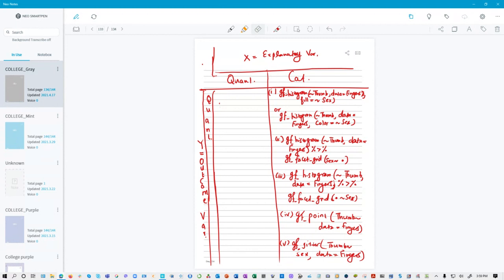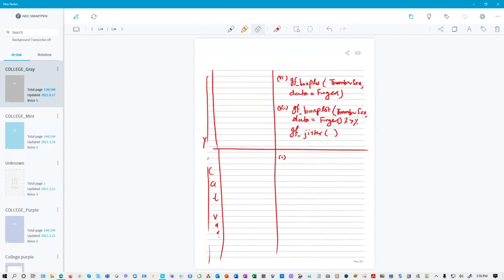To create a bar graph first. Okay, I'm talking about some kind of situation. So the first one is the vertical faceted bar graph.